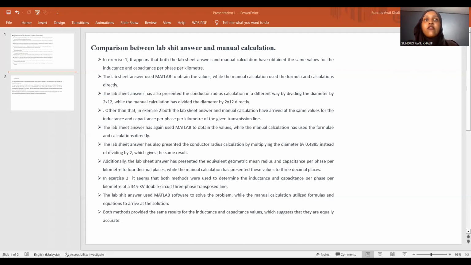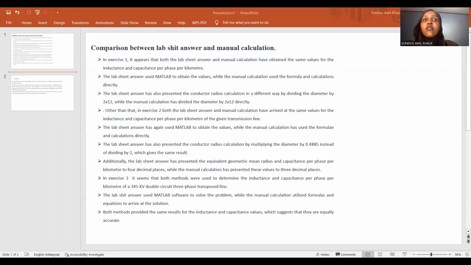In exercise 3, it seems both methods were used to determine the inductance and capacitance per phase per kilometer for the 345 kV double circuit 3-phase transmission line. The lab sheet answer used MATLAB software to solve the problem, while the manual calculation utilized formulas and equations to arrive at the solutions.